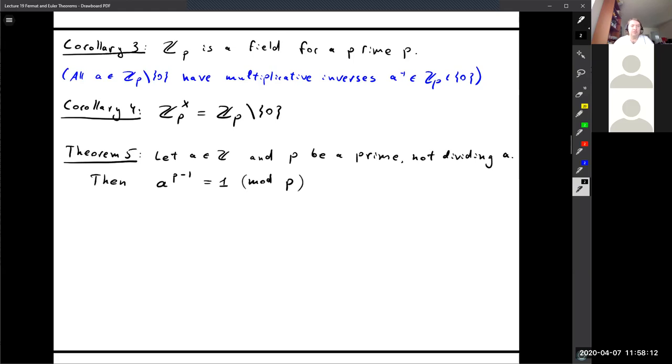Okay, so how do we prove this theorem? Proof. Consider the image of A in the ring Z_P, right?